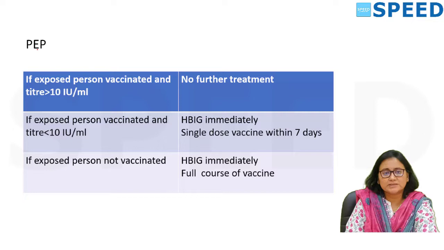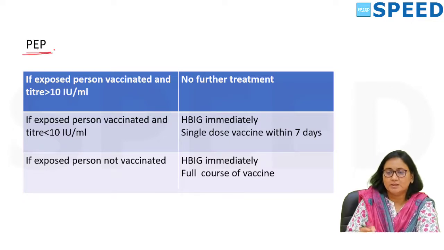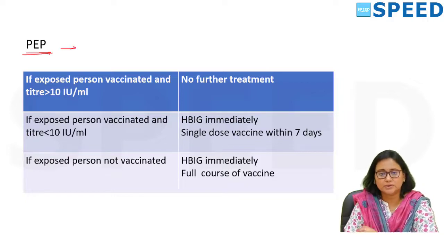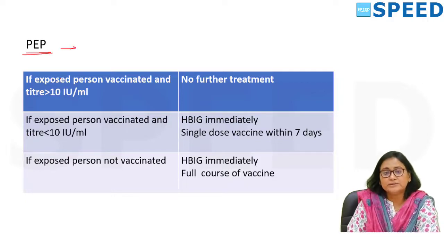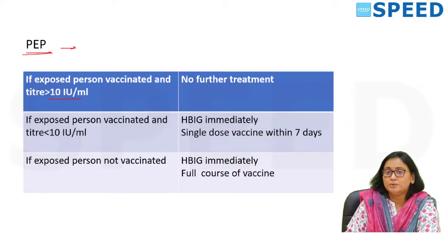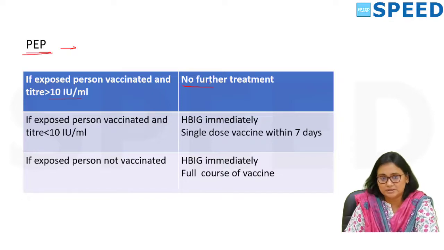Okay, so this combination will treat co-infection of hepatitis B and HIV virus. What is the post-exposure prophylaxis for hepatitis B infection? So if a person is exposed to needle stick injury or any injury, you will check for the protective titer of the patient. If he is vaccinated and his protective titer is more than 10 international unit per ml, you don't need to give any further treatment.